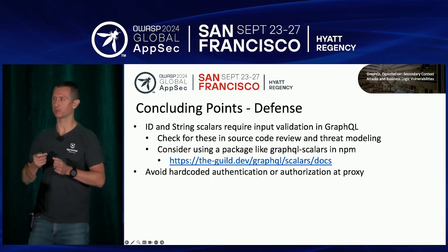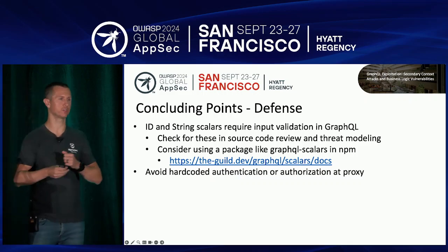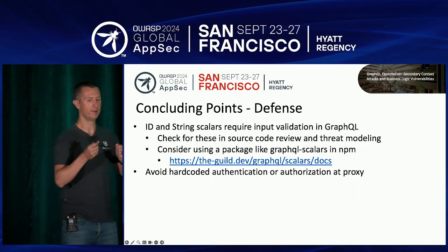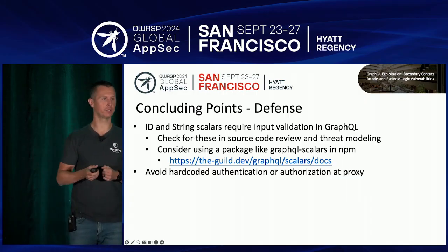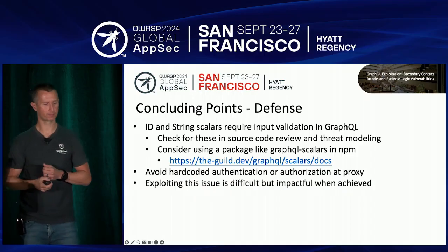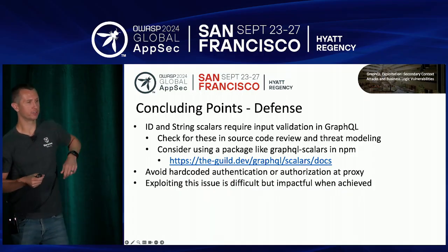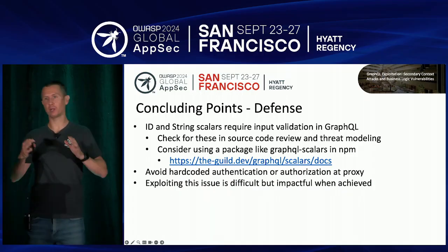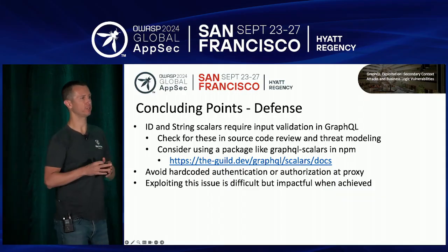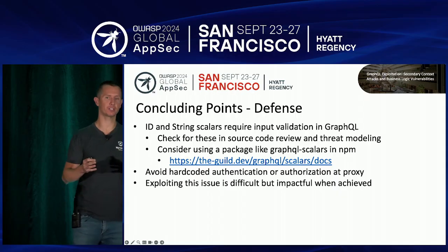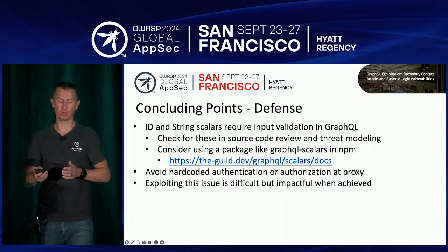But if you're seeing that as part of threat modeling, or in conversations where there's potentially hard-coded authentication or authorization, absolutely dig into that more. Exploiting the issue is difficult, right? We almost always had to pair together two vulnerabilities in order to exploit it, but it's highly impactful when achieved because there's so much access.